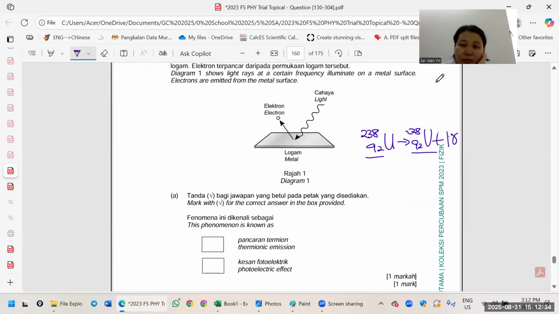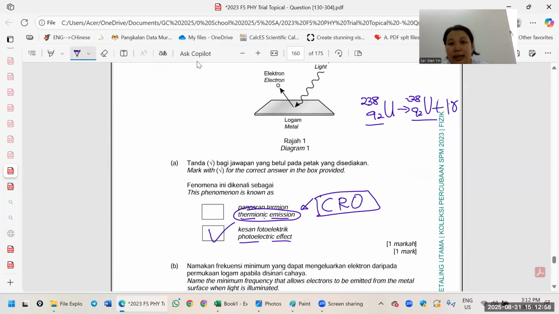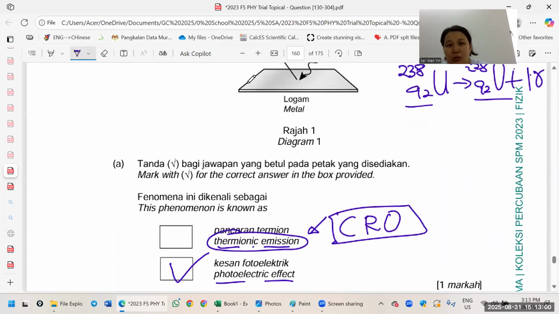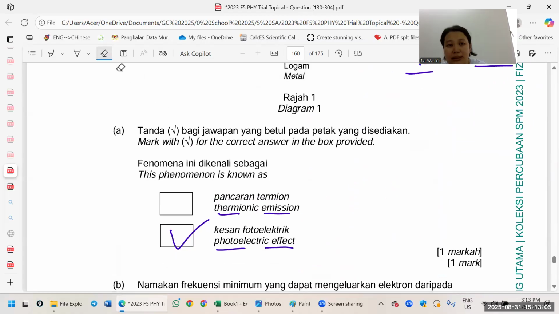Okay, so now this one will be photoelectric effect. Oh yeah, by the way, thermionic emission, CRO. You all also please check back, CRO. How CRO form? What is thermionic emission? What is photoelectric effect? Actually, both of them has almost the same thing. The same effect. What's the effect?